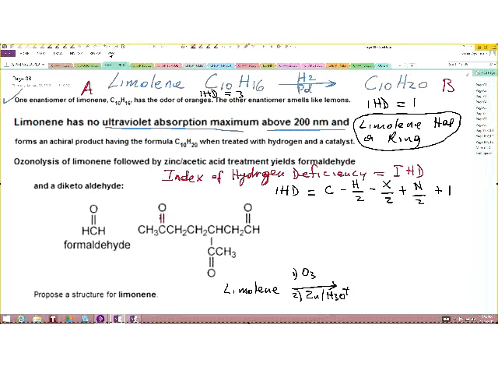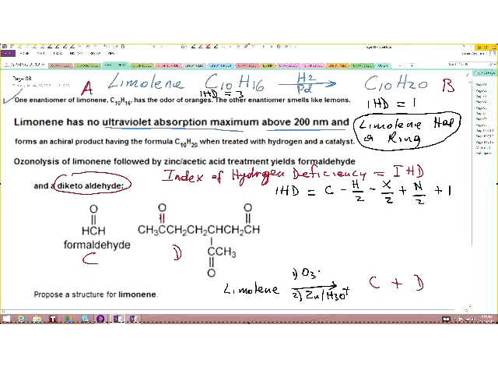To give, let us call it compound C, formaldehyde, and this diketoaldehyde, let us call it D. Okay? So it gives C plus D. Now they say, give the structure of limonene.